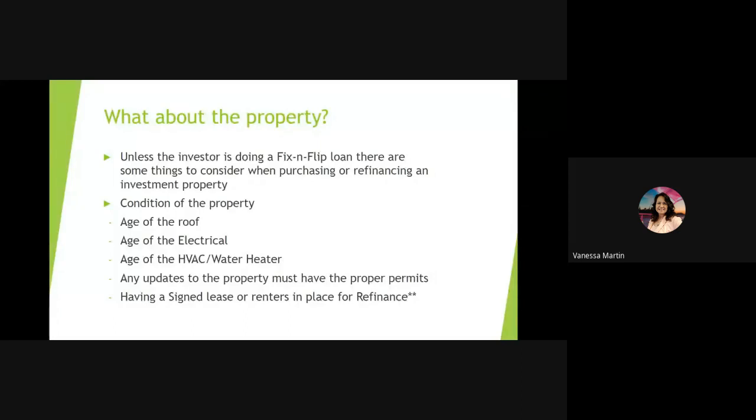And let's take a look at the property. So the property, unless the investor is doing a fix and flip loan, there's some things to consider when purchasing or refinancing an investment property. We like to tell people about this because, again, the condition of the property, the age of the property, what kind of property it is.